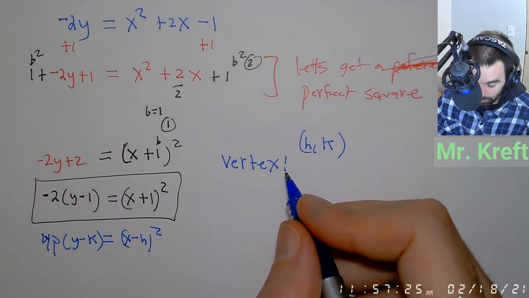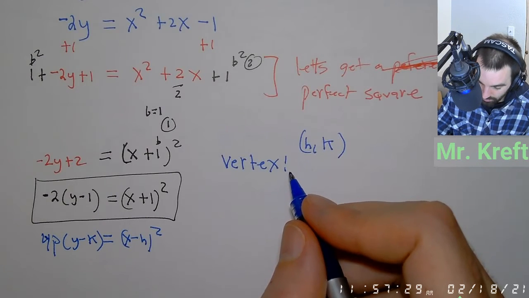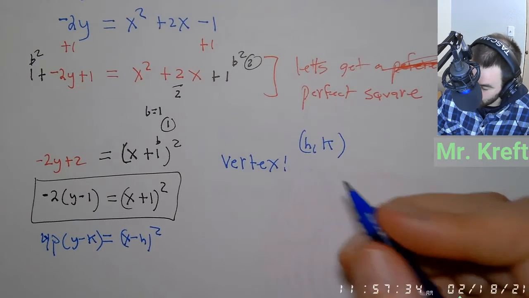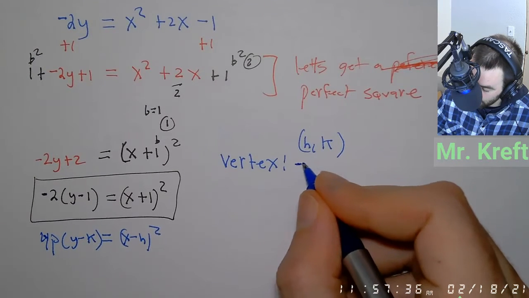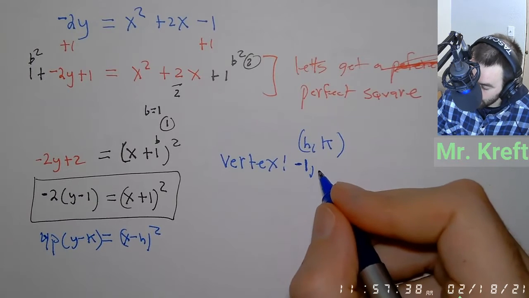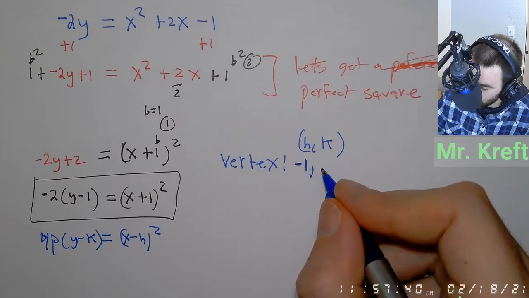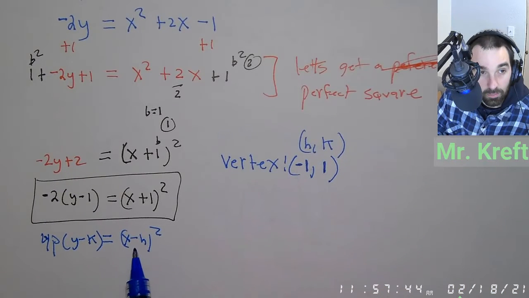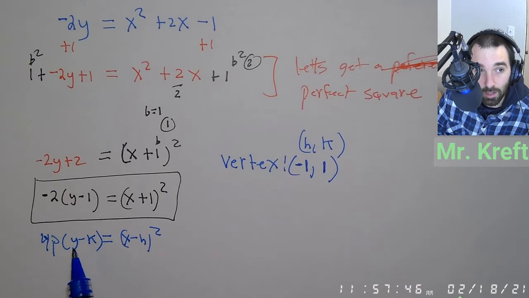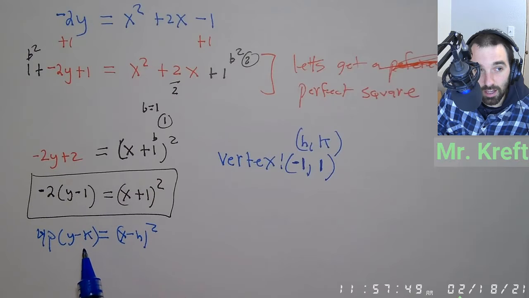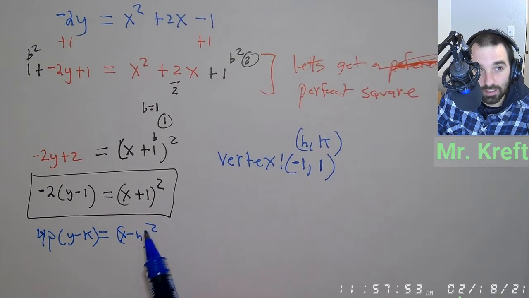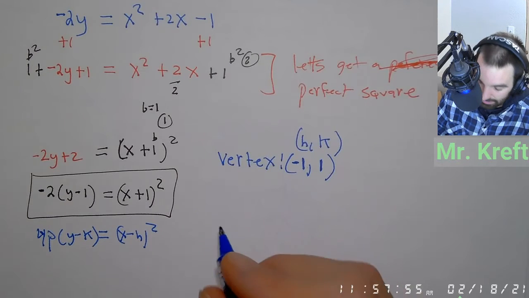It's always going to be backwards. So my h here would be -1, and my k here is going to be +1. Right? Because notice here in my equation it's negative, so that means opposite. So if it's -1, the opposite of -1 is 1. And here the opposite of 1 is -1.